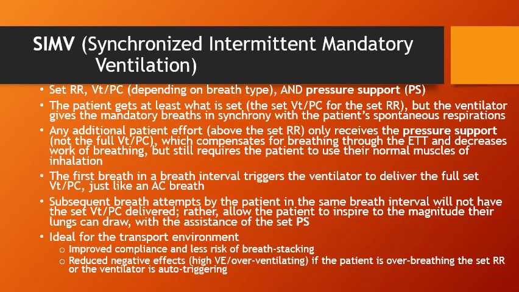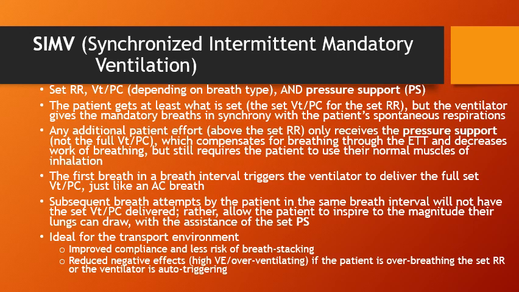But it still requires the patient to use their normal muscles of inhalation. So for any extra breaths above those that we set, the patient is having to do that work on their own with just a little help from the ventilator to compensate for the ET tube and decrease the work of breathing.